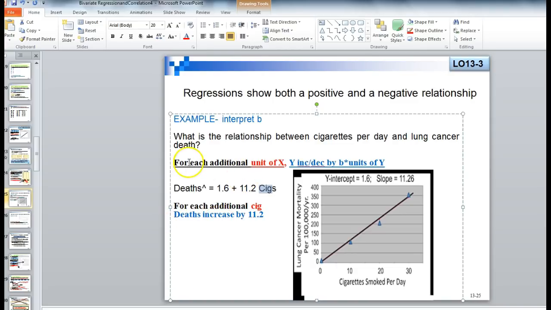So we would say for each additional cigarette smoked, deaths increase by 11.2 per 100,000 a year. Does everybody see how we use this particular verbiage in order to interpret my B?